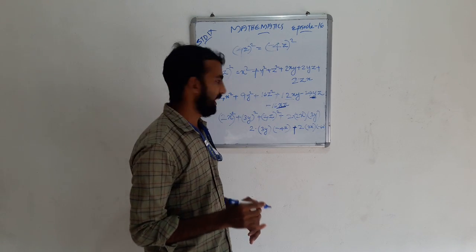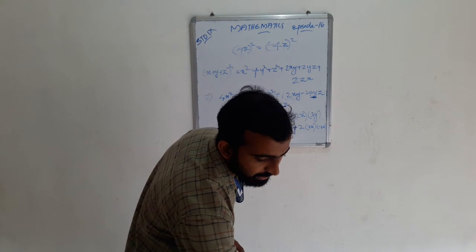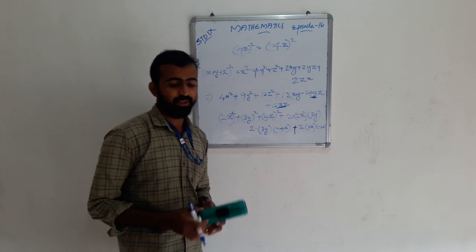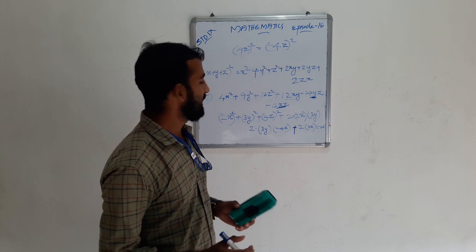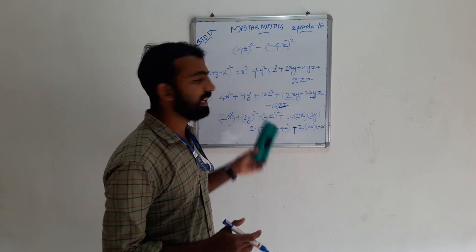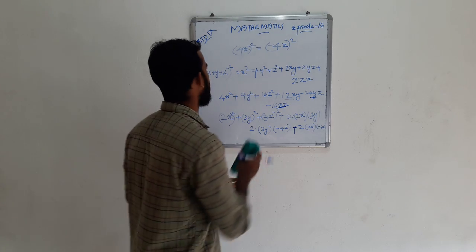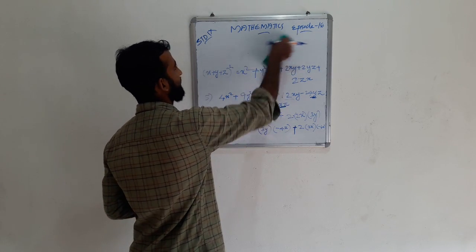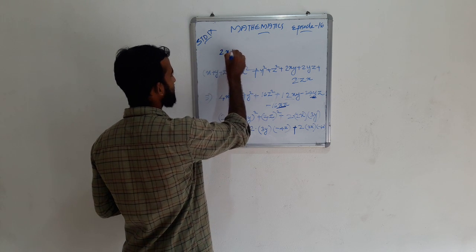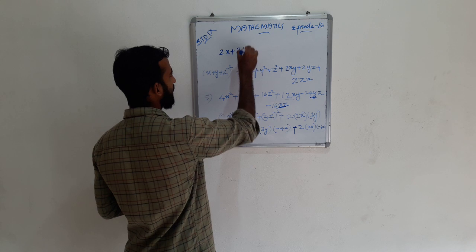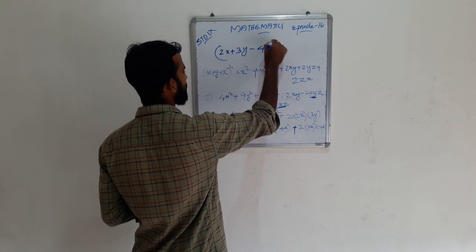Is it? Yes. That is, here we can write 2x plus 3y minus 4z the whole square.